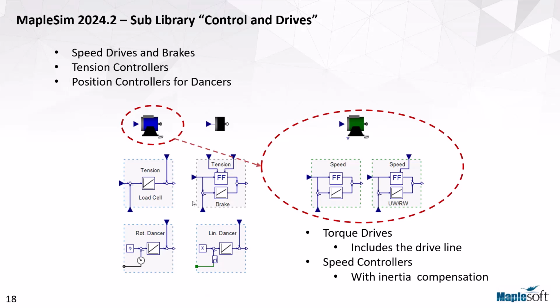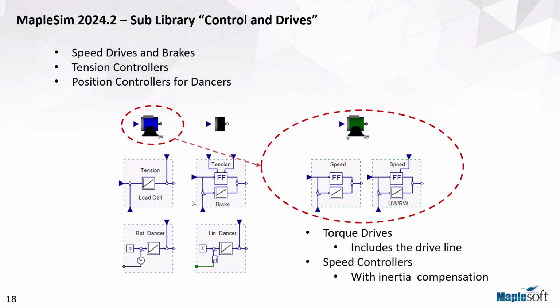And the way to do this is just to replace the speed motor, the blue one here on the slide, with a torque motor. The torque motor needs a torque input signal and gives you also a feedback signal for the rotational speed.